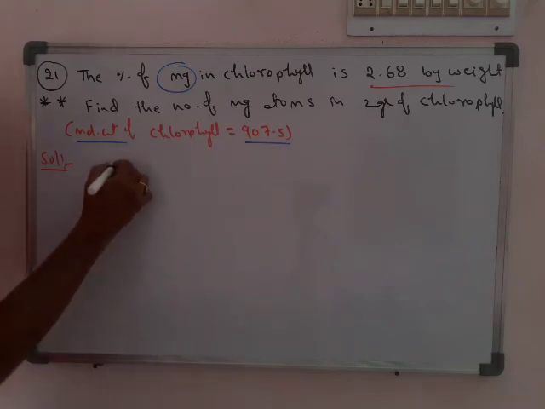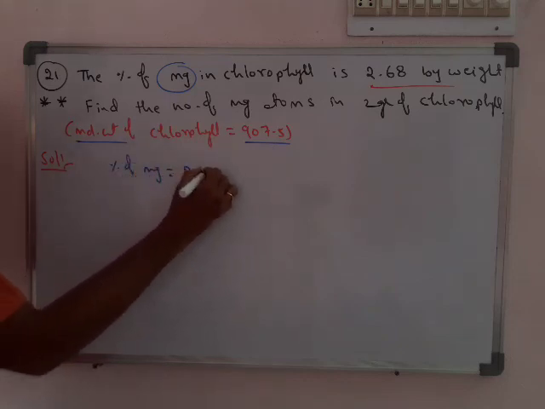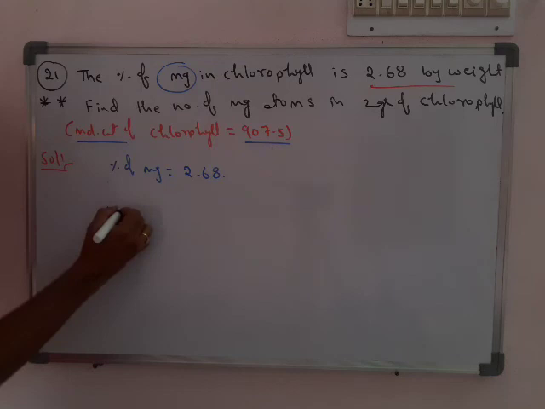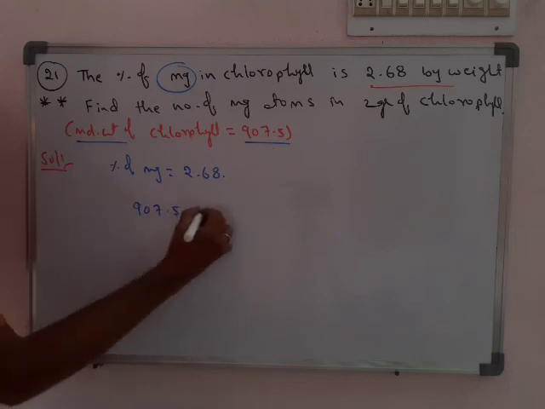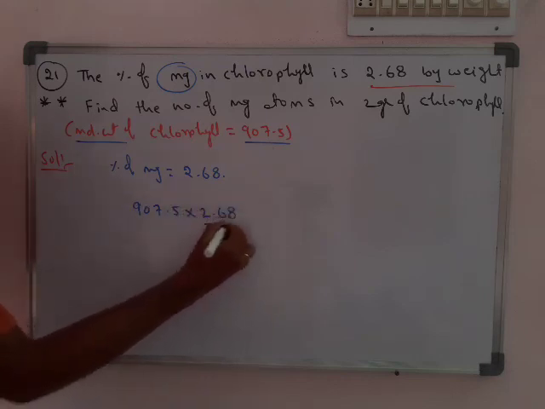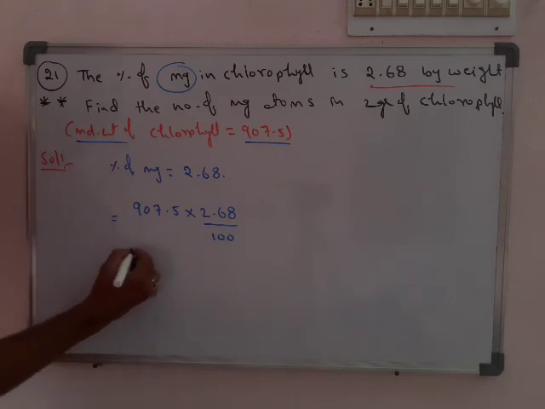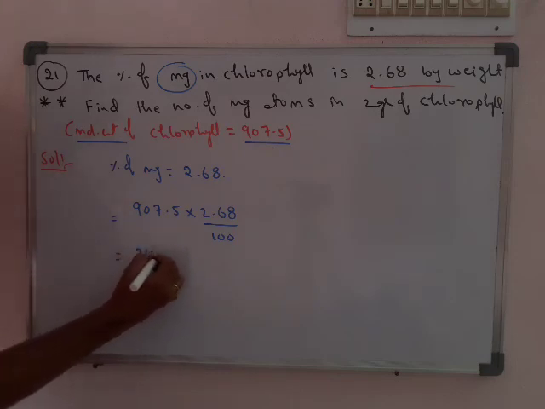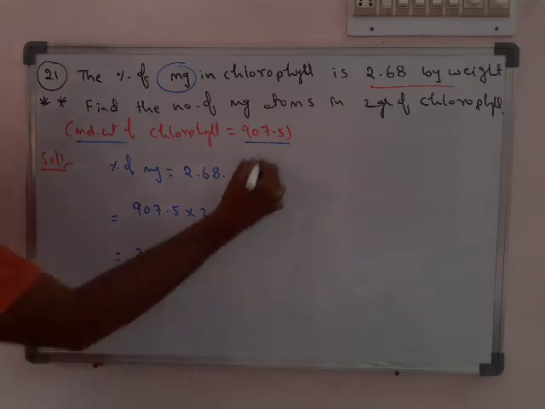Okay, first the percentage of magnesium equals 2.68. So in 1 mole, 907.5, 2.68 percentage. So here we will get 24 point something, 24.321 gram.